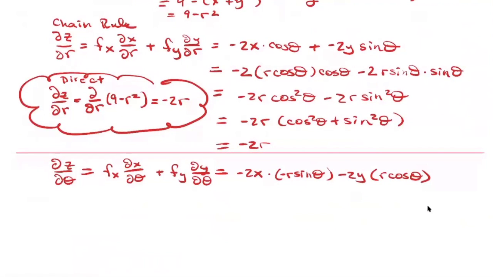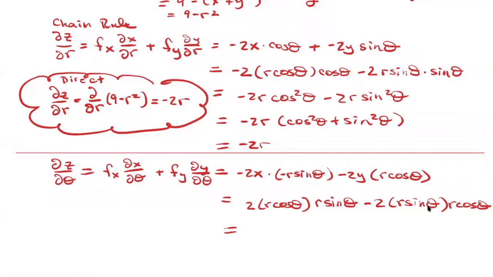The negatives cancel, you end up with 2x, which is r cos theta, times r sine theta, minus 2y, which is r sine theta, times r cos theta. And so what you've got is 2r squared cos theta sine theta minus 2r squared cos theta sine theta. And of course that's 0.